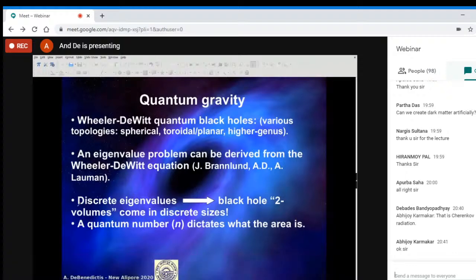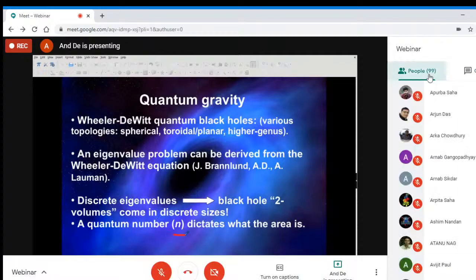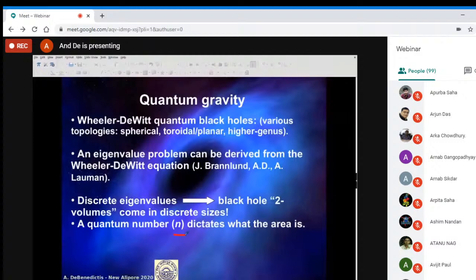These eigenvalues derived from that Wheeler-DeWitt equation had to be discrete. And there was a quantum number, which we'll call n, which dictates what those areas are. The larger the n, the larger the area of the black hole.